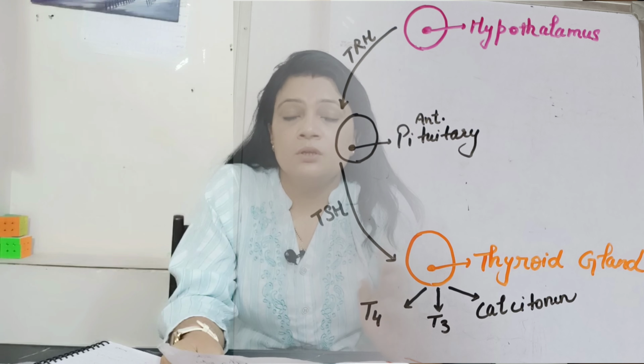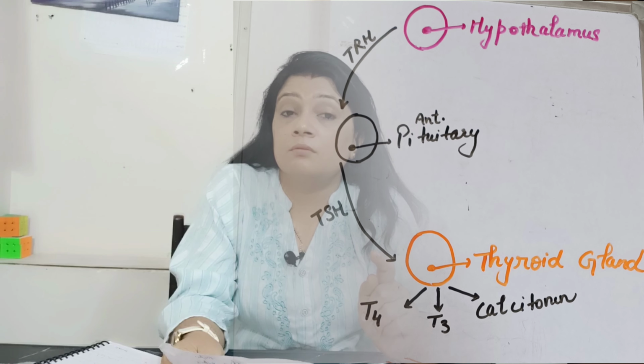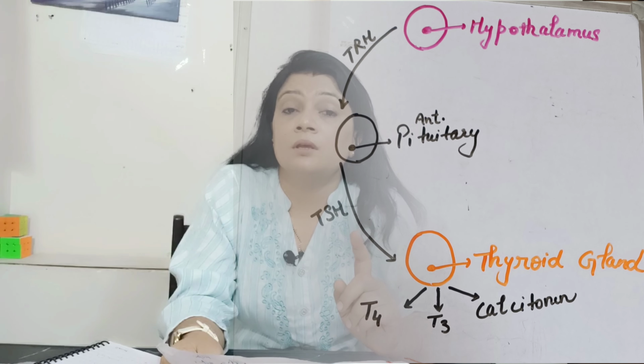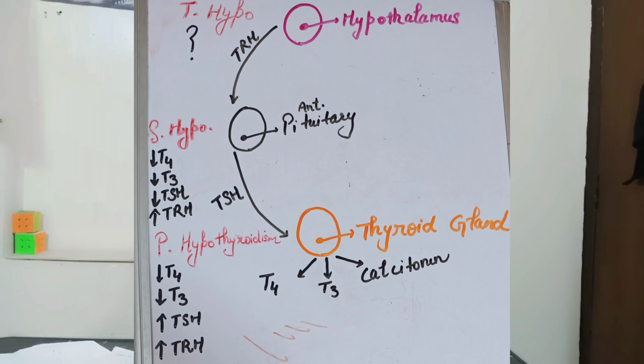Triggered by TRH, TSH is produced by the anterior pituitary, and then TSH triggers the thyroid gland to produce the thyroid hormones.